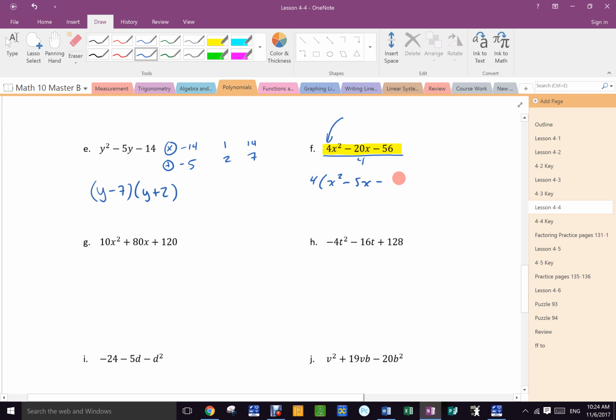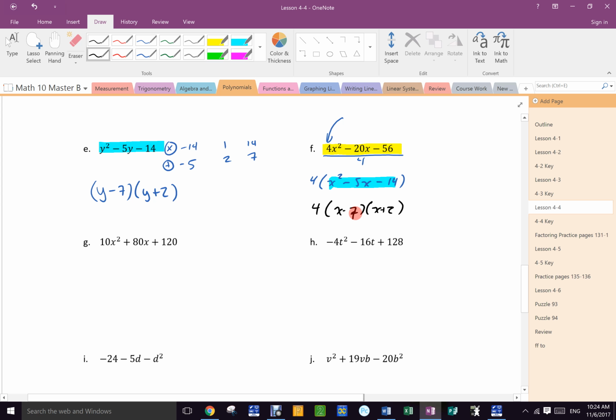What's the third term? 14. Now you'll notice, why did I do it this way? What's that and that? Same thing. So this answer must be 4, and then x minus 7, x plus 2.